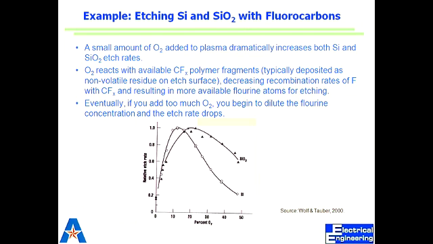Okay, so fluorine is consumed. How about the F by C ratio in this case? It decreases. Okay, up till here it's very clear that adding oxygen, F by C increases, adding hydrogen, F by C decreases.